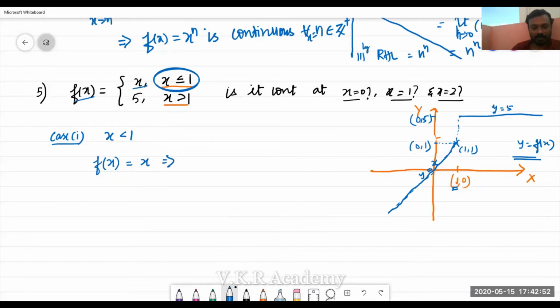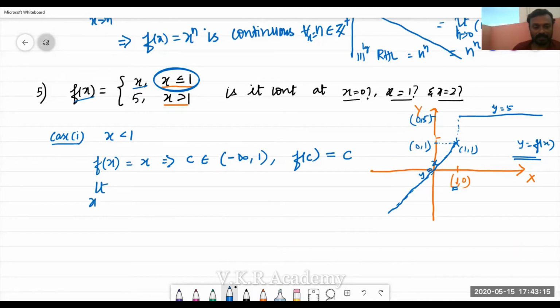Therefore, for any c belonging to the interval less than 1, we have f of c is equal to c.